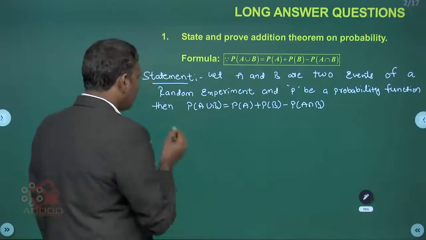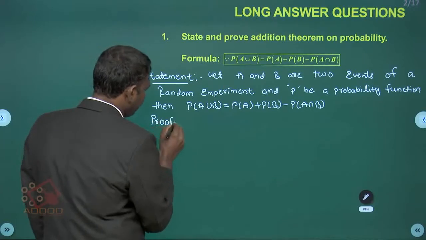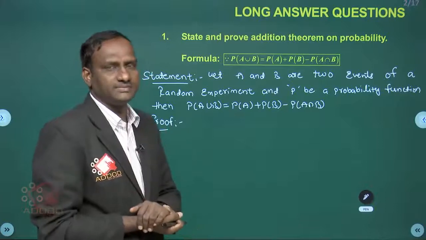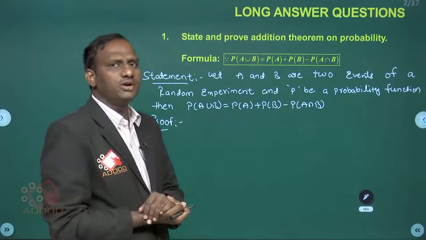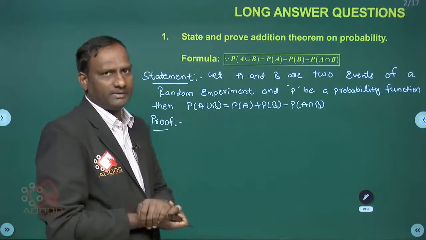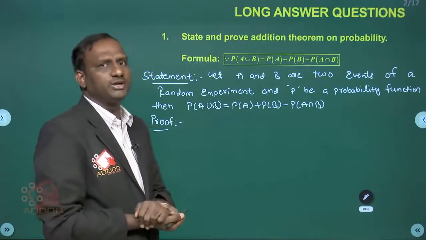Coming to the proof, there are two cases. One is A and B are disjoint sets. What do you mean by disjoint? Two sets having no common element are disjoint sets.